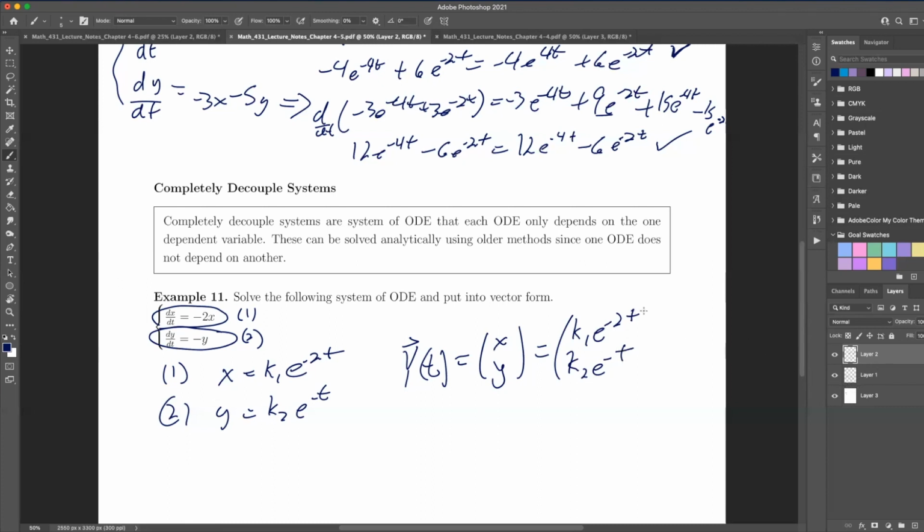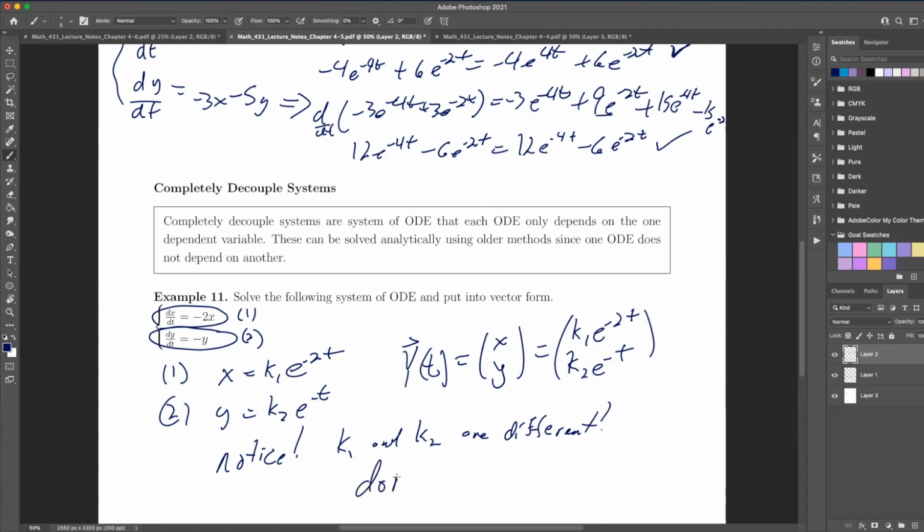All right. And let me make a little notice here, a little notice in advance. Notice that k1 and k2 are different. So don't combine these right now.